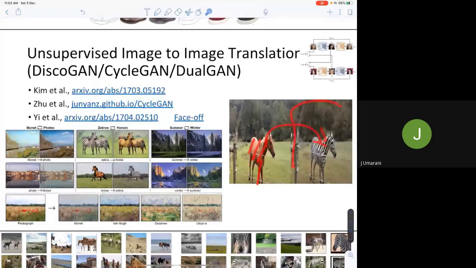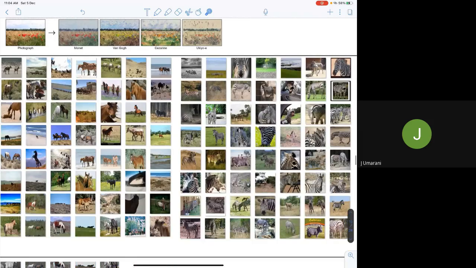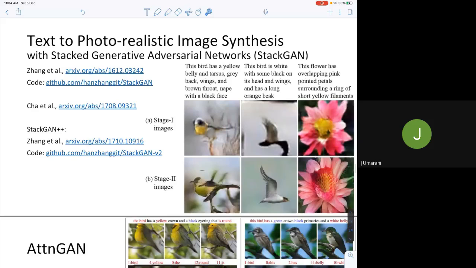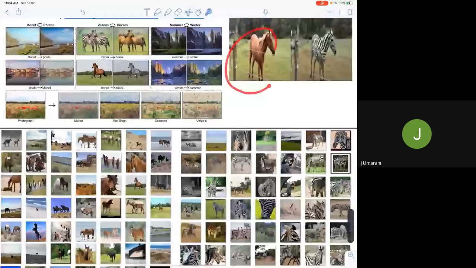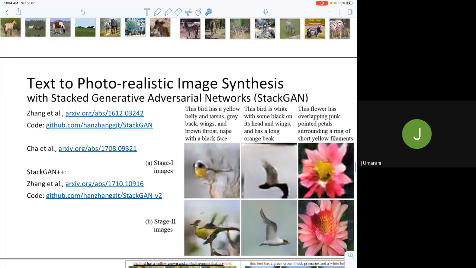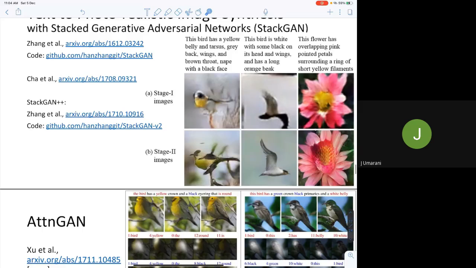Now comes a much more complex thing. Right now, I was at least giving you an image and you were converting it into an image. Instead of that, with text to image, you need not even give me an image. You write, there is a bird, it has a yellow belly, gray black wings, throat, nape, and so on. No such bird exists in this universe.